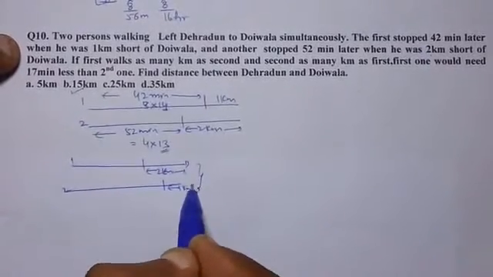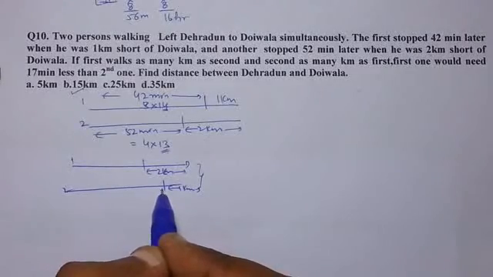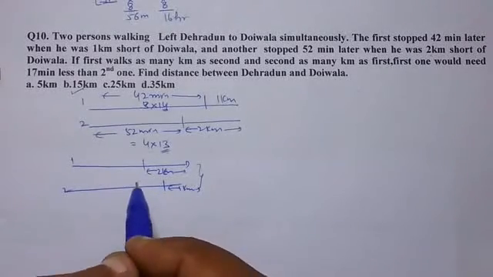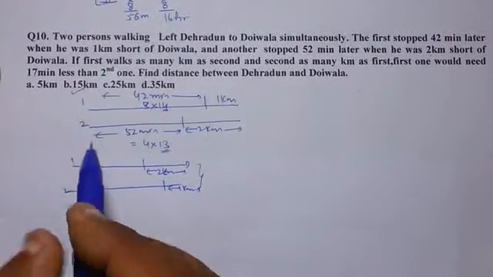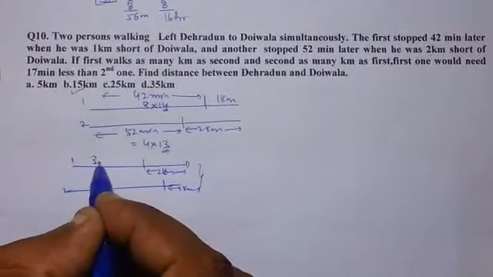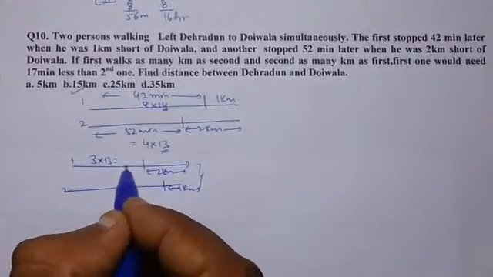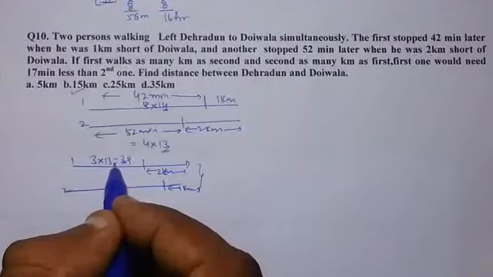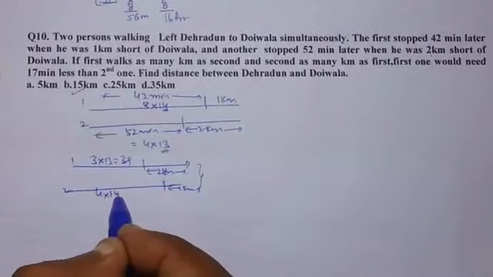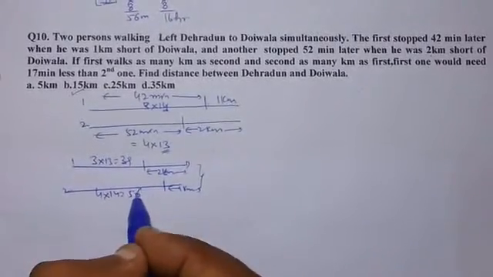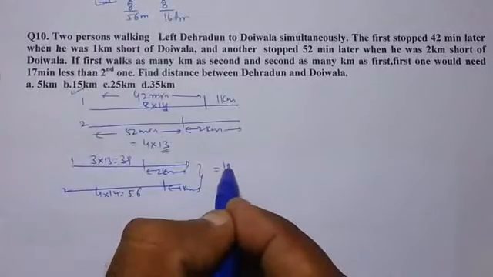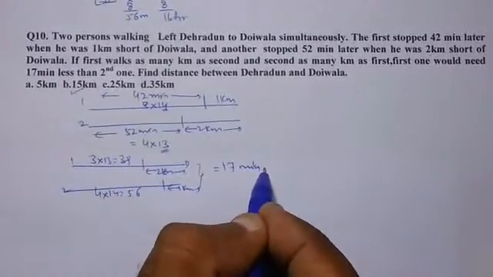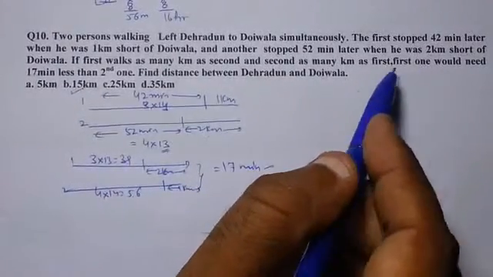So the difference that we will see, because we try to conclude and we want to focus on the 15. So see over here. 3 into 13, because it is 13 kilometers, is equal to 39 minutes. And over here it is 4 into 14, that is equal to 56. So 56 minus 39 is equal to 17 minutes, and it makes sense as it is given in the question.